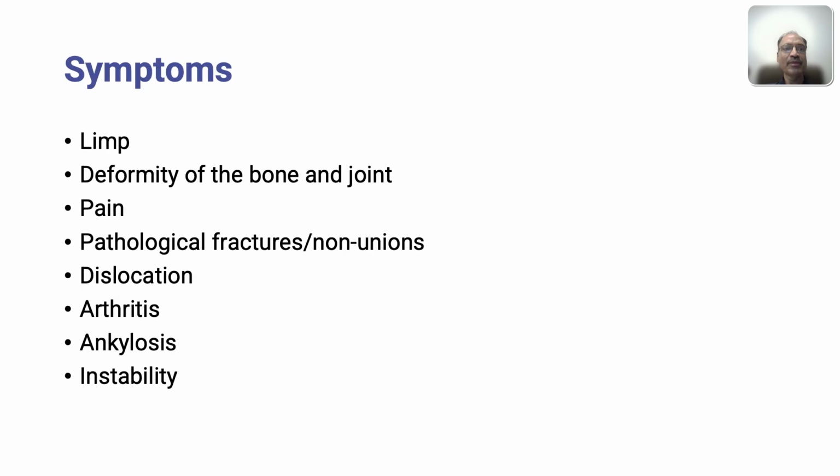Next slide. If we are talking about the symptoms of the patients, they are highly varied, from limb deformity of the bone and joint, pain or pathological fracture, dislocation, arthritis, ankylosis, or instability. Next slide.